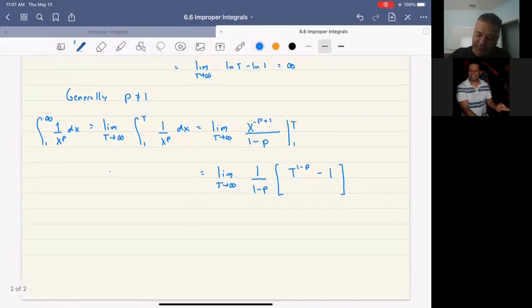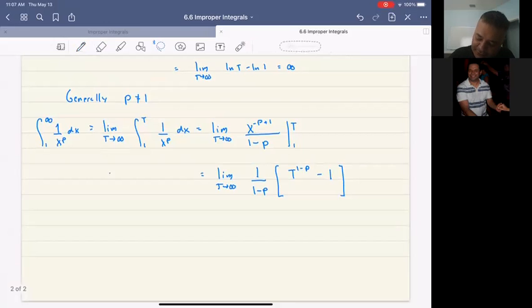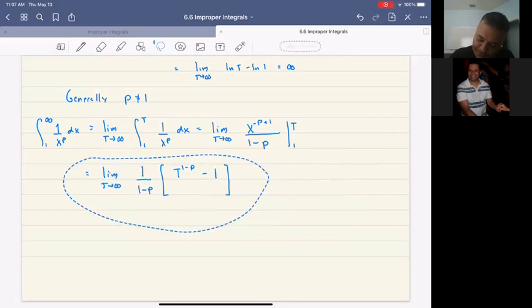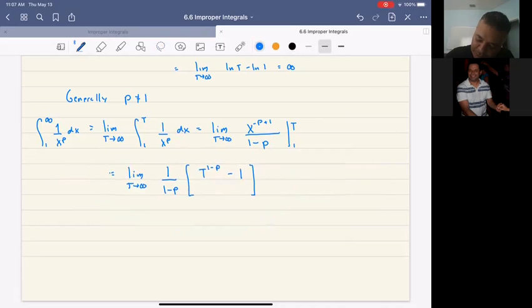Let me rewrite this a little bit to make it clearer. The limit as t goes to infinity of 1 over 1 minus p times t over t to the p minus 1.